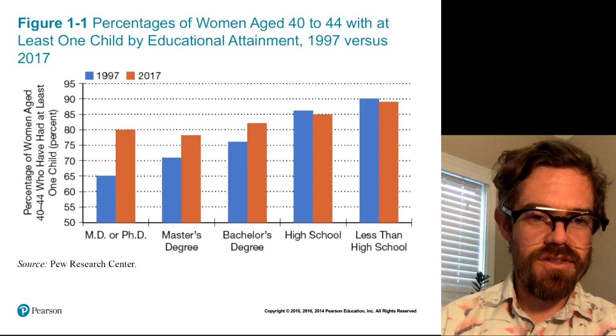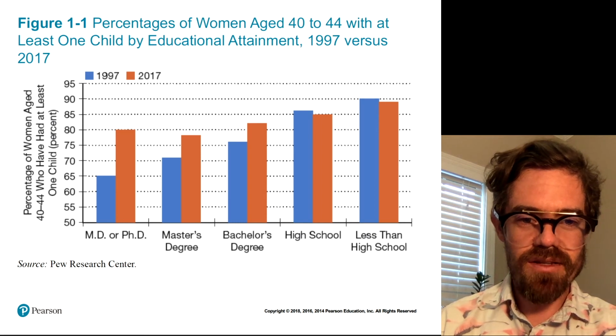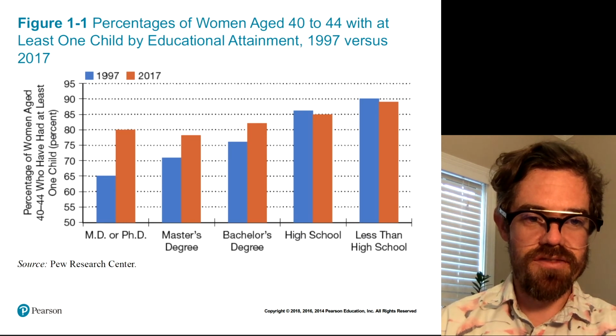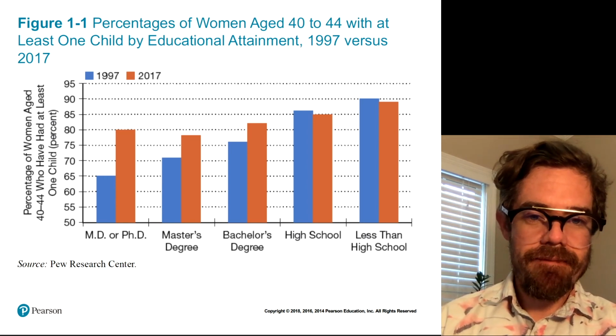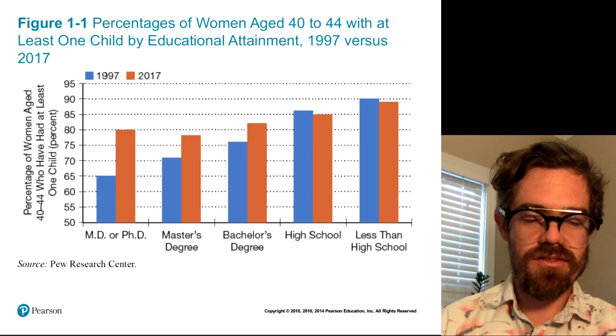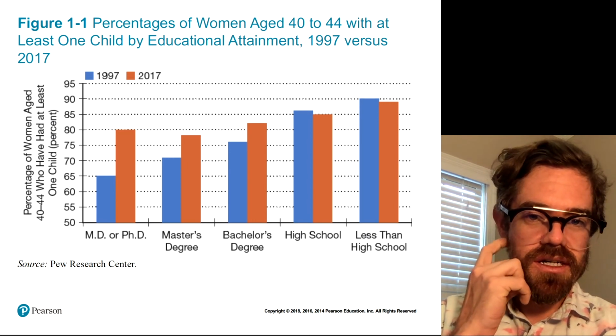Whereas for 2017, it may not be linear. It looks like MD is actually higher than master's degree for 2017, although again, that may be a statistically insignificant difference. But it does seem as though people with lower educations are more likely to have children. So that's pretty interesting too.